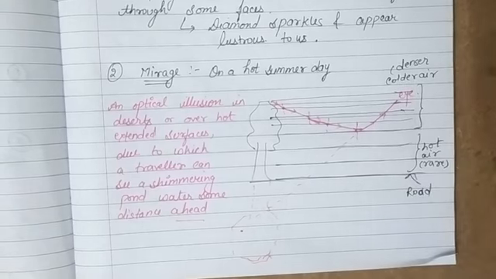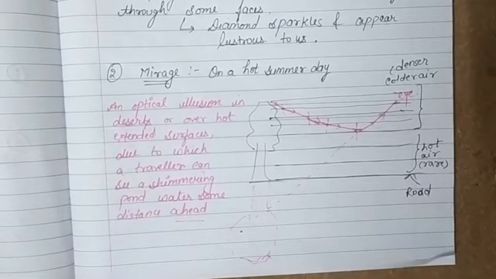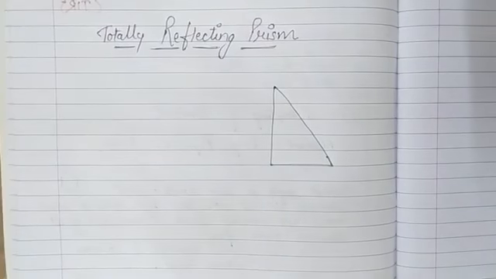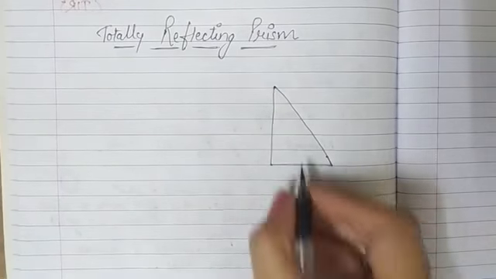Now the next two examples we have to study are the totally reflecting prism and optical fiber. I am starting with the totally reflecting prism first. First of all, what is a totally reflecting prism? It is a right angled isosceles prism, right?